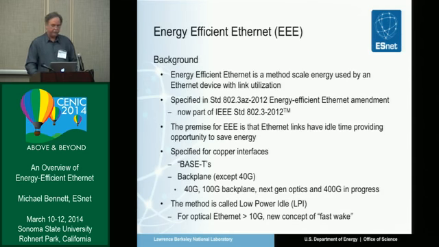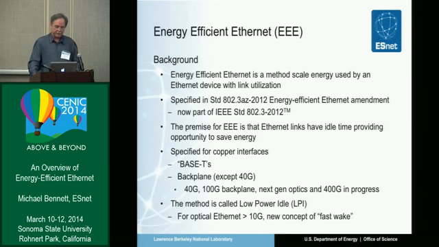Okay, so now we'll drill in a little bit more about what EEE is. It's basically a protocol that we developed which allows us to scale the energy use with link utilization. It was published in 802.3az in 2010. Again, the premise here is that there's some idle time on an Ethernet link, and that's when we can save energy using this low power idle mode.